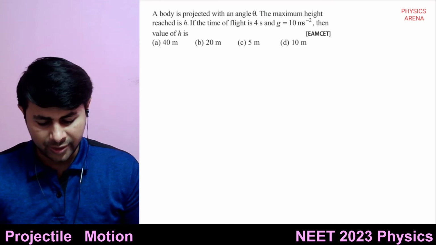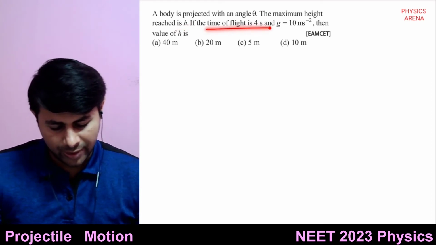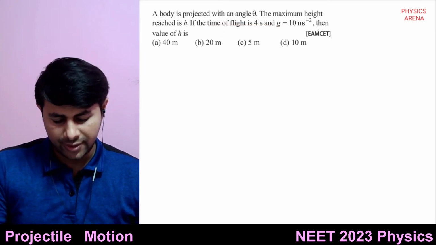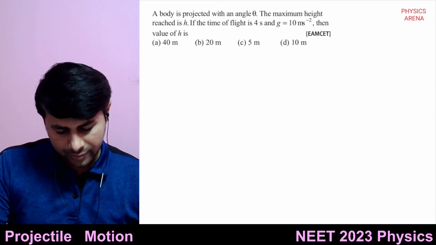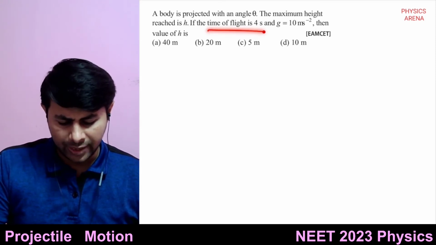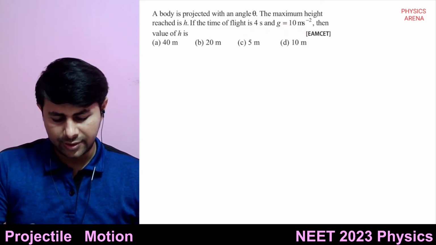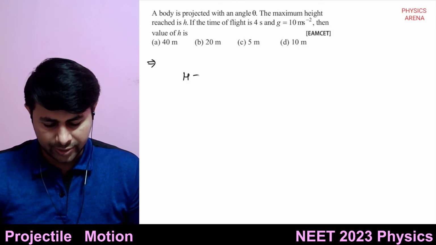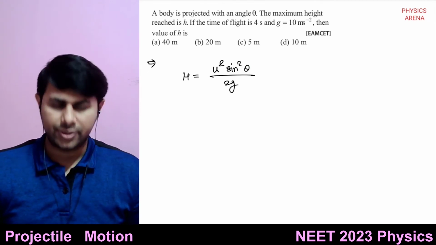The body is projected with an angle theta. The maximum height reached is h. If the time of flight is 4 seconds and g is 10 meters per second square, then the value of h is. Time of flight is given and maximum height is asked. How to do this? So h is equal to u square sine square theta upon 2g.